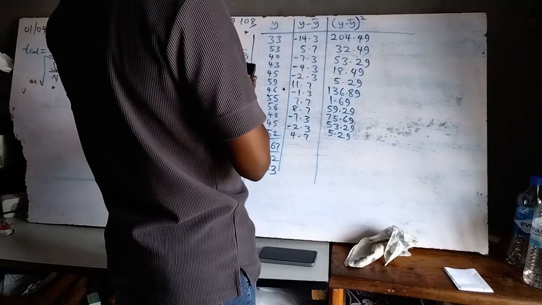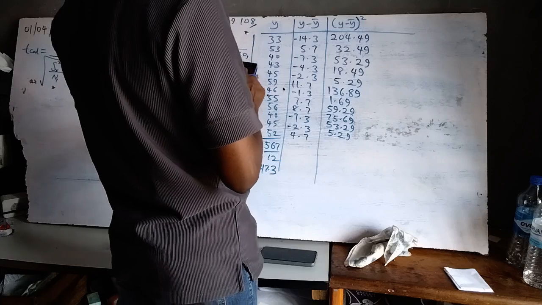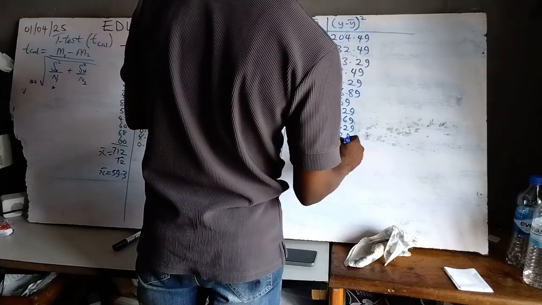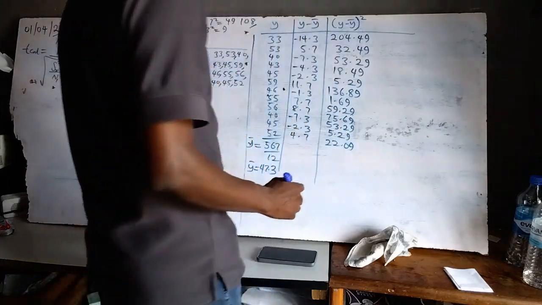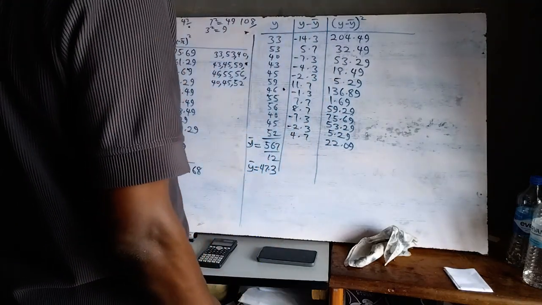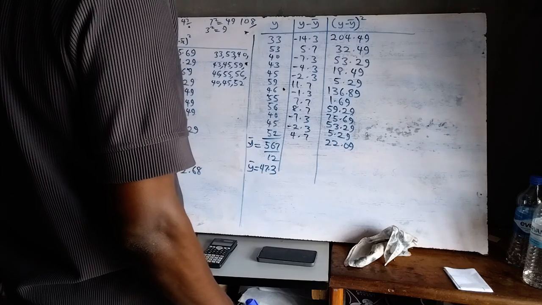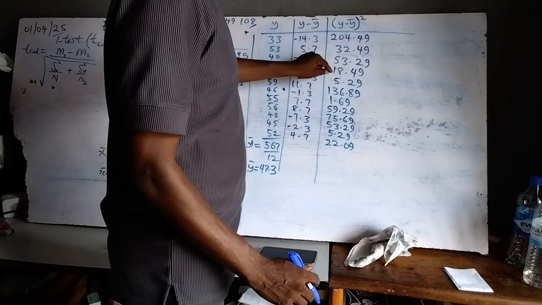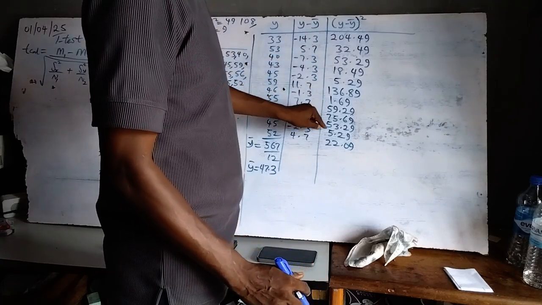And lastly, 4.7 squared is 22.09. That's 12 values in all.